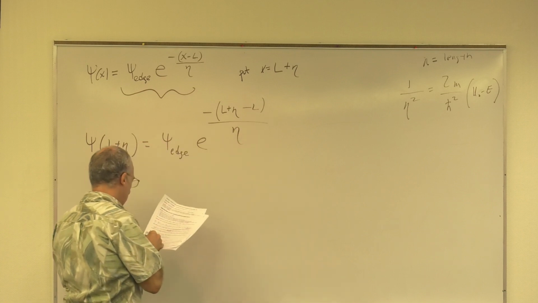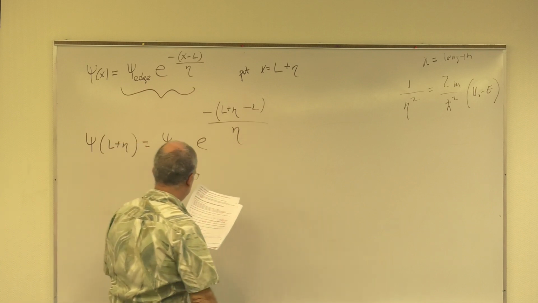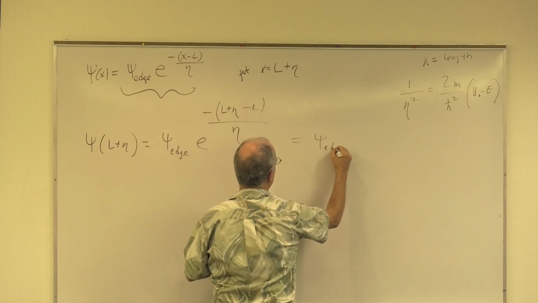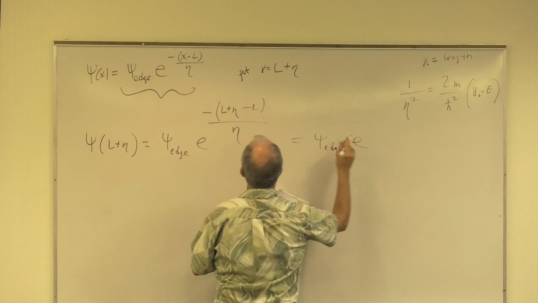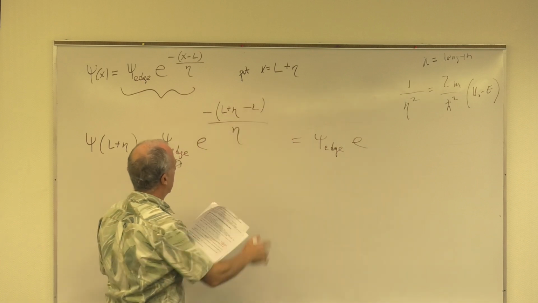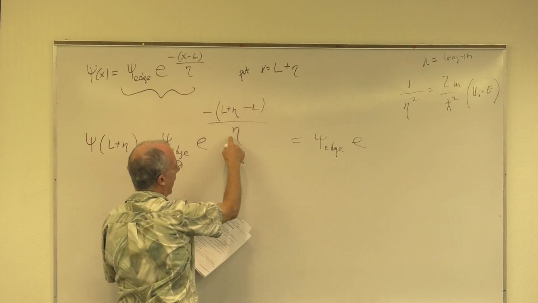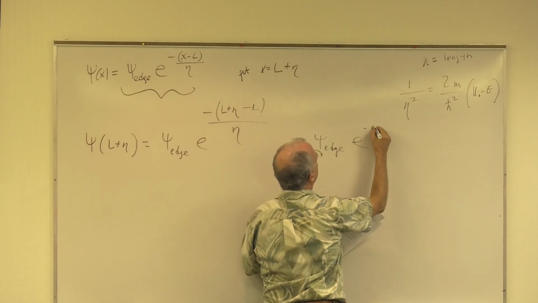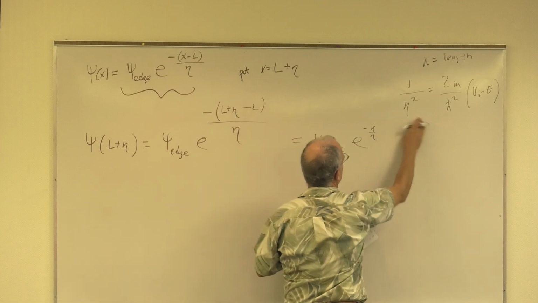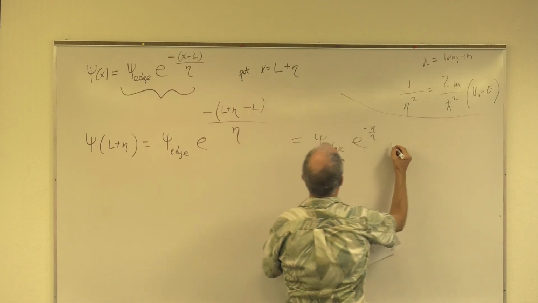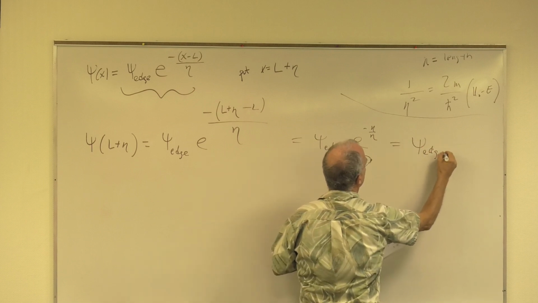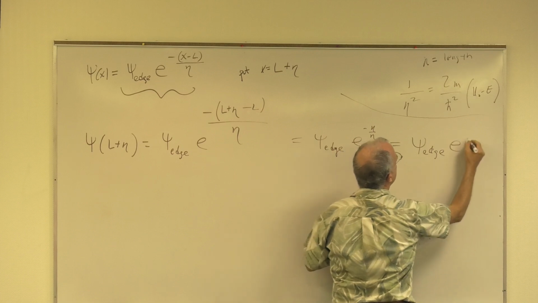Remember, x is L plus eta. That's what we have. Well, let's see. That equals psi edge. Now, L minus L is 0, right? Then we have minus eta over eta. That's just negative 1, right? So that's just going to be psi edge e to negative 1.